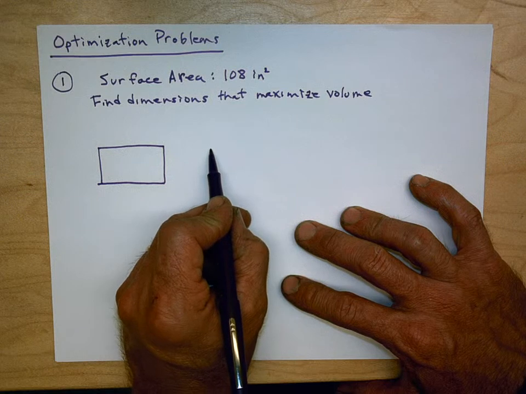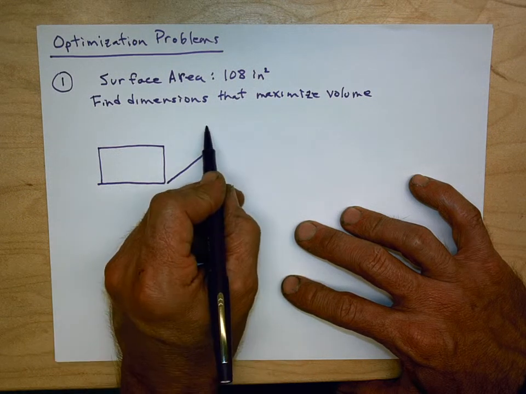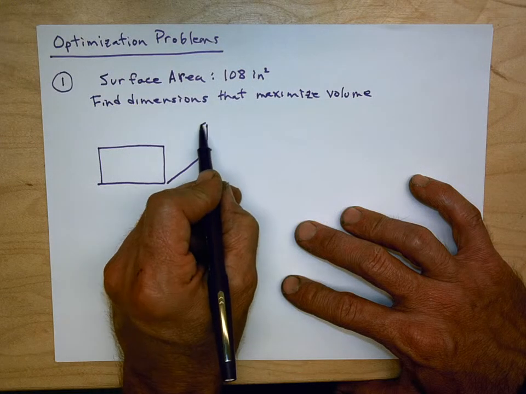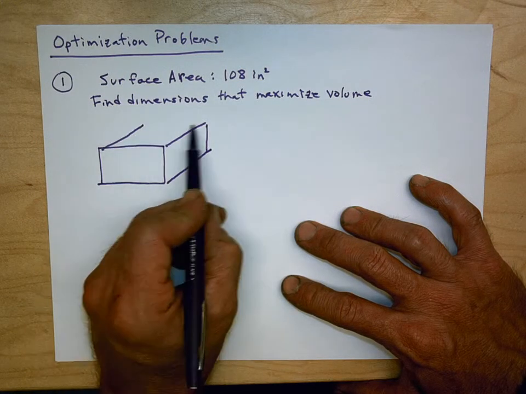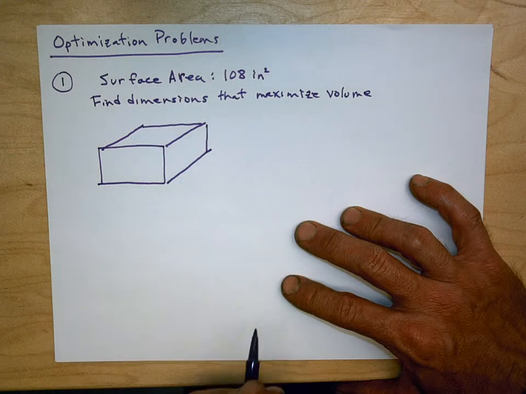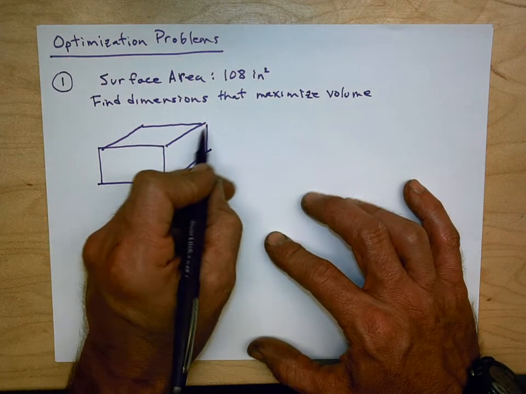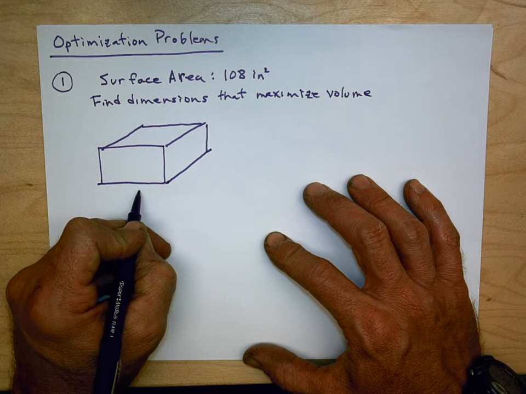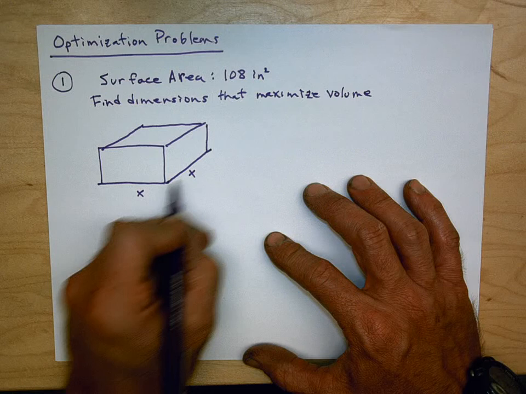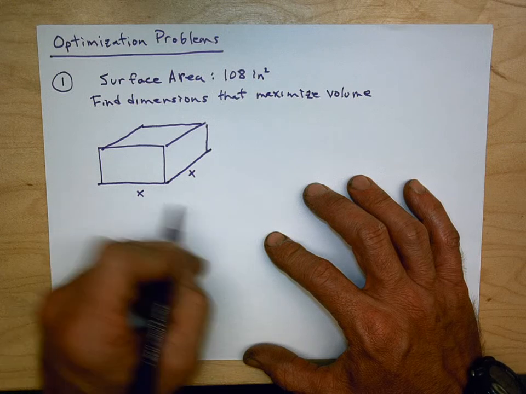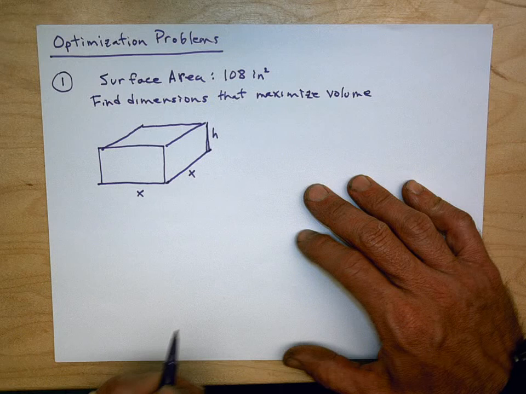So let's say that these two are the same length, and this should be parallel to that one, and we have this back here. As I said, I have no claim to being much of an artist, but we just need a sketch. If it's a square bottom, then we can call this x and this x, the same side length because we have a square bottom. And then we'll call the height of our box h.